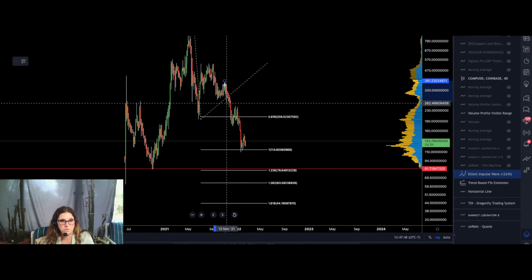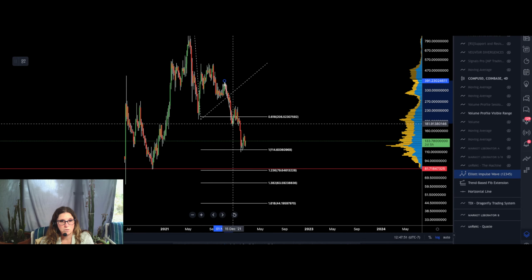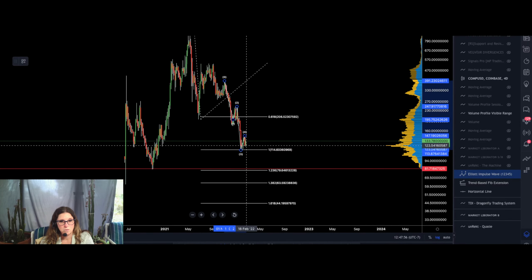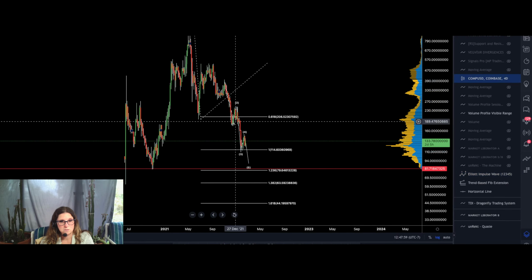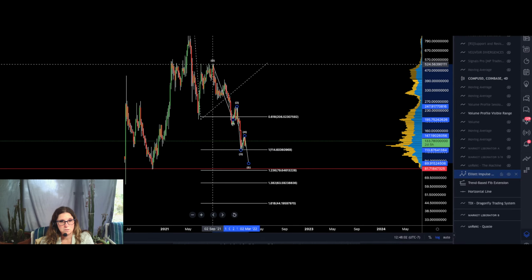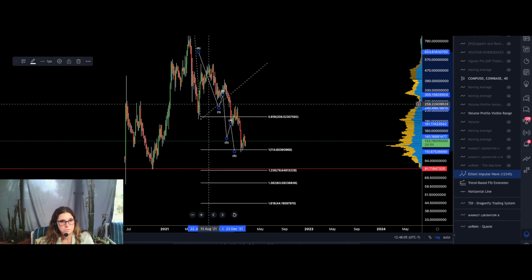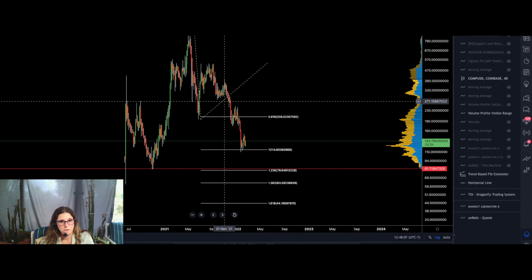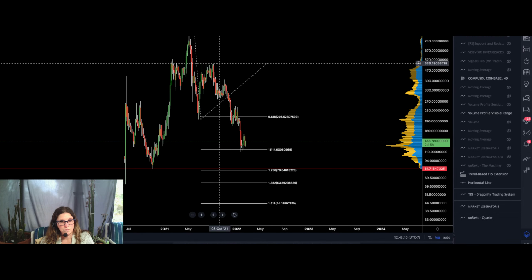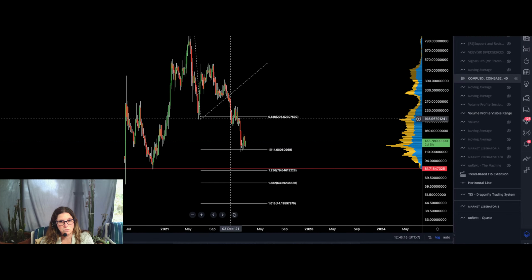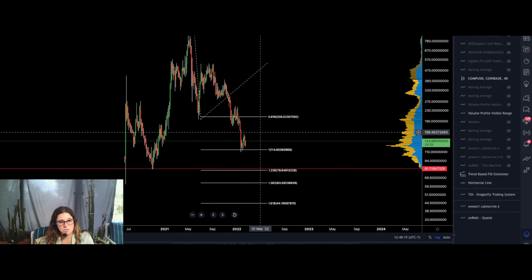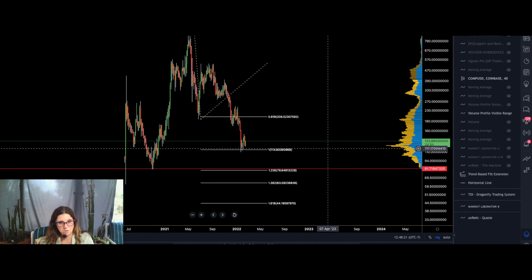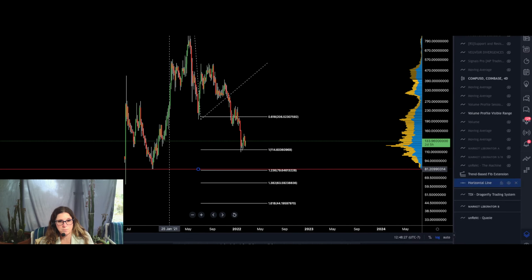So the third wave started here. 1, 2, 3, 4, 5. Here's the thing. If it doesn't hold this 1-to-1, it's going to take out its bottom.